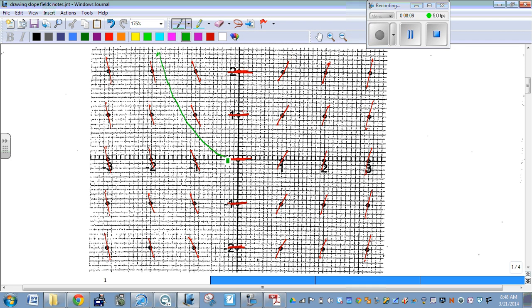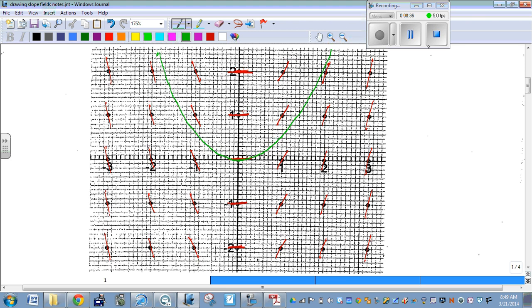Then we have this horizontal slope, pushes it this way, and then the flow over here is pushing it up that way. All right, so we can kind of see that parabola shape. No matter where we put it, it's going to have kind of that same flow in this case. Sometimes it's going to look a little bit different. But here we know that that equation is going to be some parabola with a vertex on the y-axis.